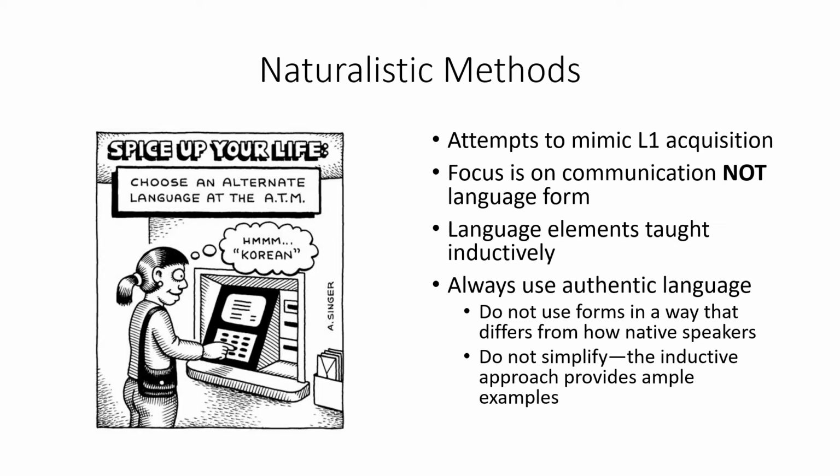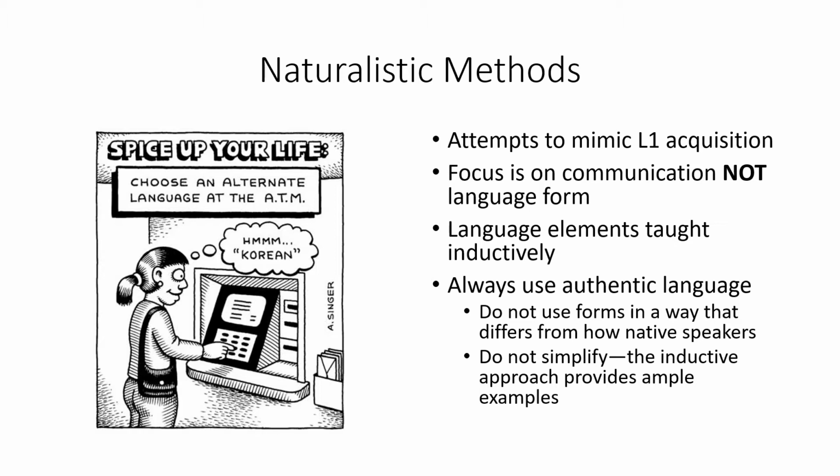Each one is a little bit different in its approach, but each one is attempting to follow the natural course, hence it's called a naturalistic method, natural course of first language acquisition. The focus, therefore, is on communication, not on language form, because nobody acquires their native language by drilling grammar patterns. That's just not how it's done.